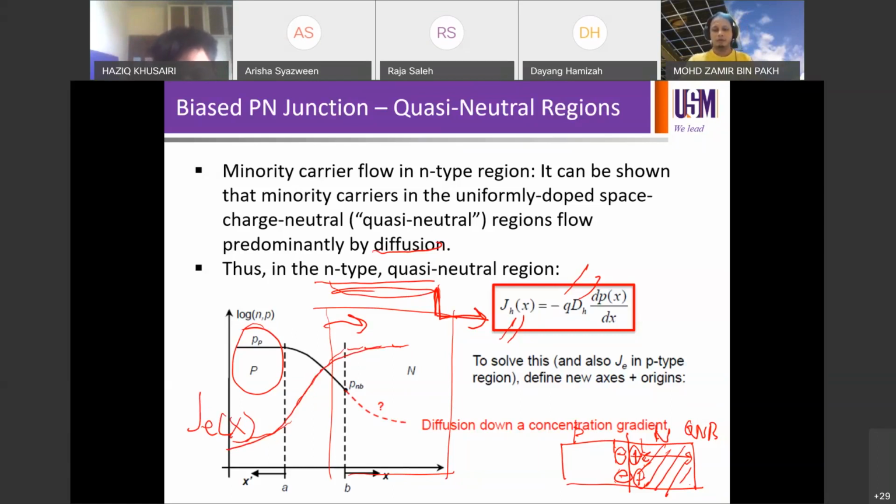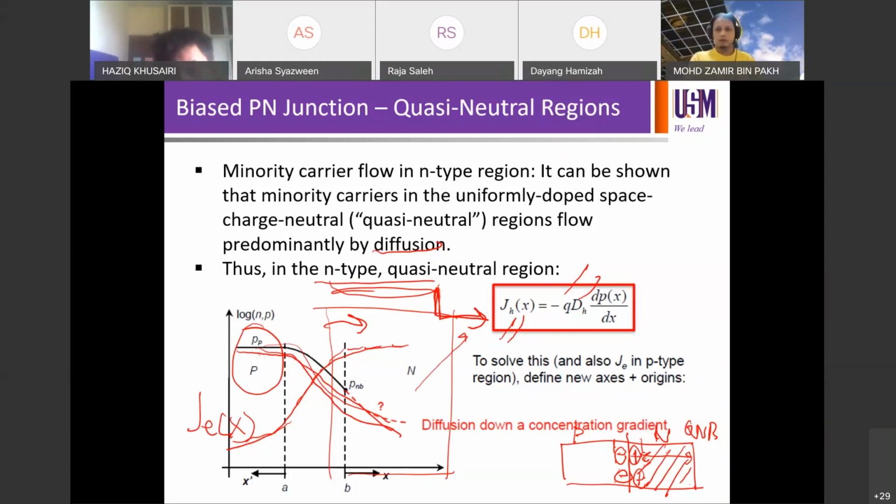Remember, we are only talking about one side of the story. If you're talking about this line, we will be discussing J_HX, which is equal to negative Q D dp/dx as discussed in carrier transport phenomena.